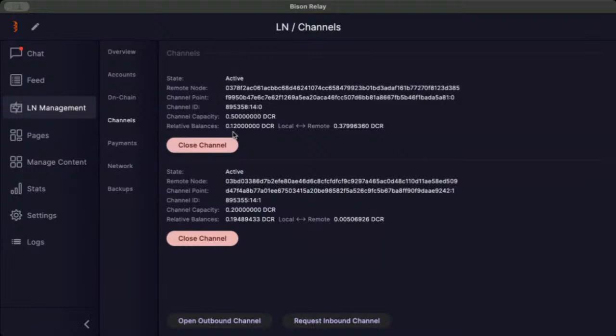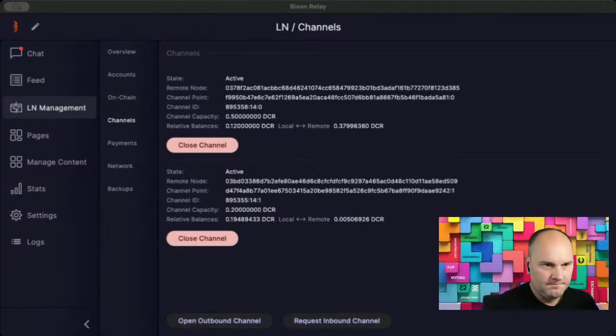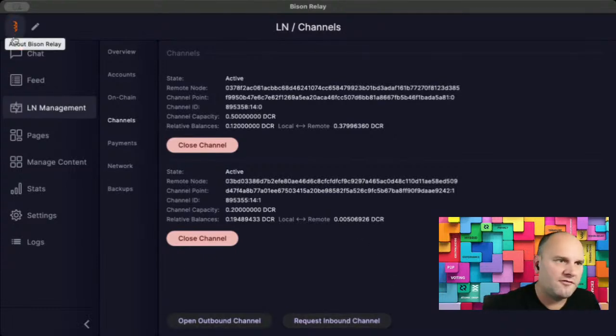So if you're not sure which is your inbound, which is your outbound, unfortunately what you have to do is close both, and then you can open the outbound channel first, wait for that one to settle, so it takes 3 confirmations to settle. And then do the same with the inbound channel. So with the inbound channel, just open a new one just to make sure you've always got enough funds.